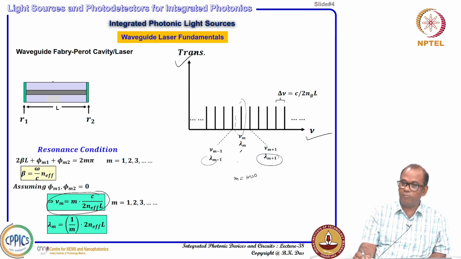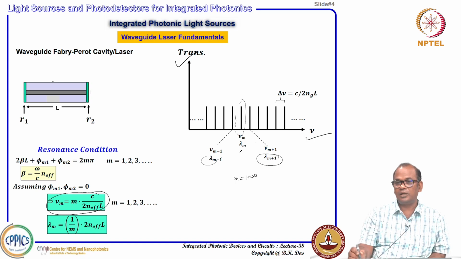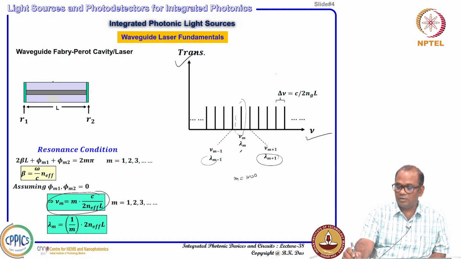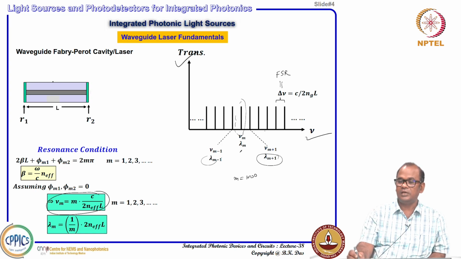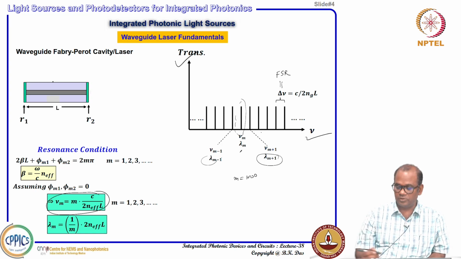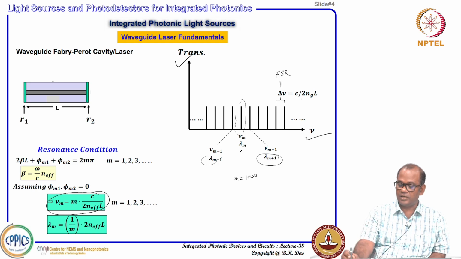And we have also shown that such longitudinal resonance frequencies are spaced by a term called free spectral range. Free spectral range, FSR, represented as delta nu, means the separation between successive resonance frequencies, and it can be expressed by c over 2 Ng L, where Ng is the group index.